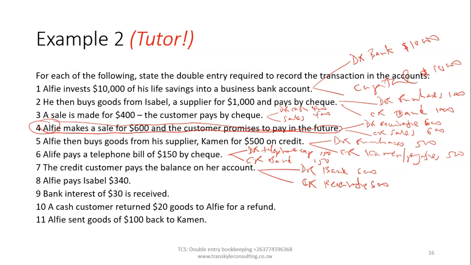Okay, Alfie pays Isabel 340. Who's Isabel? If you go to number 2, he then buys goods from Isabel, a supplier, for 1,000 and pays by check. Okay? Do we have another transaction between Isabel and this guy?